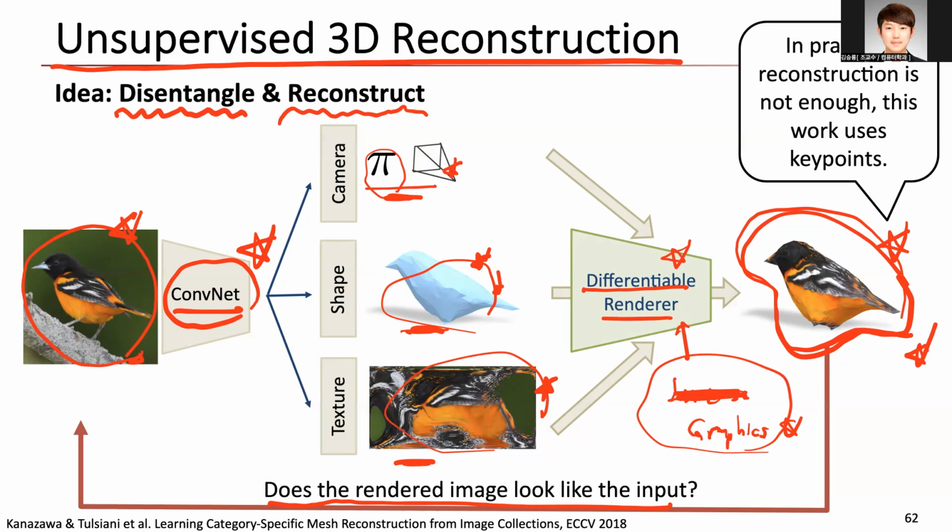And at testing time, by using this network, we can estimate the 3D information as well as the camera pose and the texture information. This is a very, very straightforward unsupervised 3D reconstruction method.